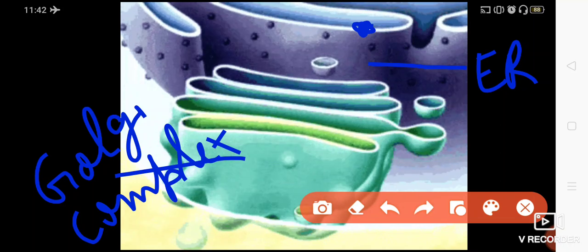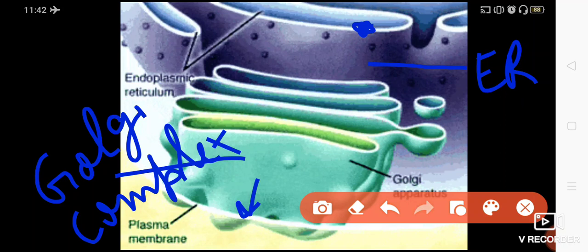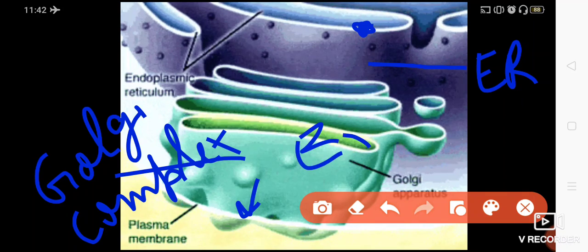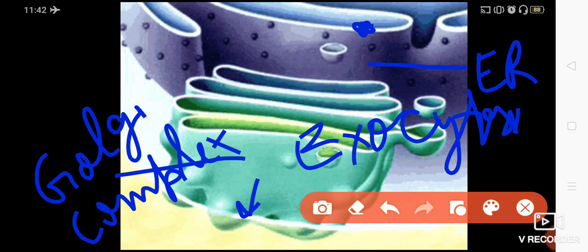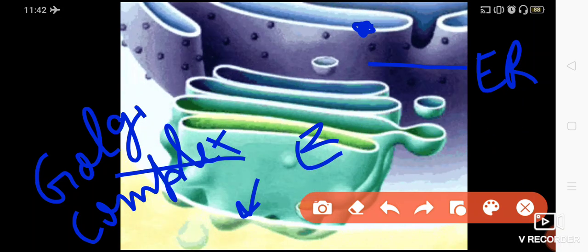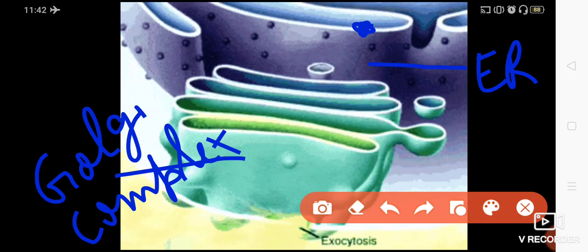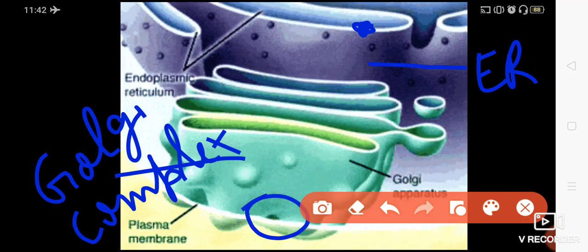These are known as secretory vesicles. And then by the process of exocytosis, meaning to release things outside the cell membrane, the secretory vesicles will come out and release the materials outside the plasma membrane.